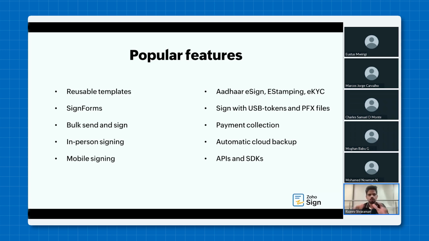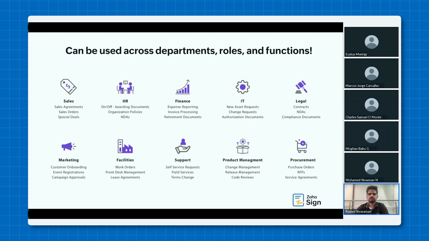If you have your own business and you only want to use our functionalities, we also offer white labeling with our APIs and SDKs. This is a bigger picture of all the departments where Zoho Sign can be put to better use.